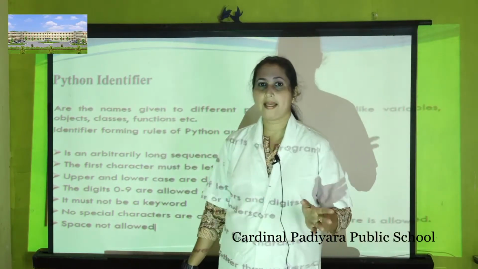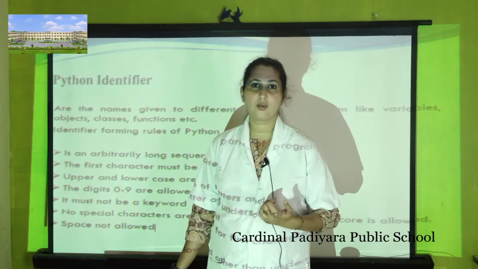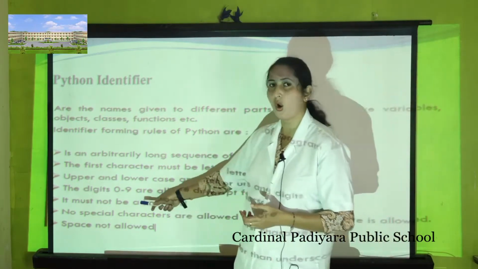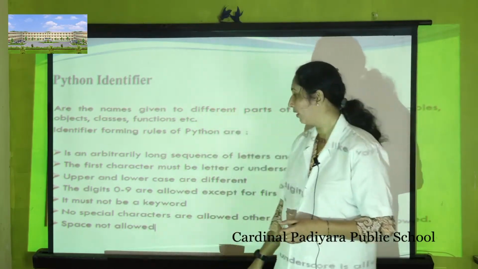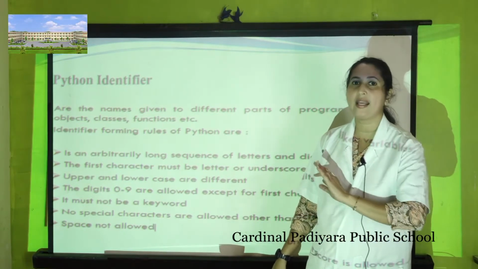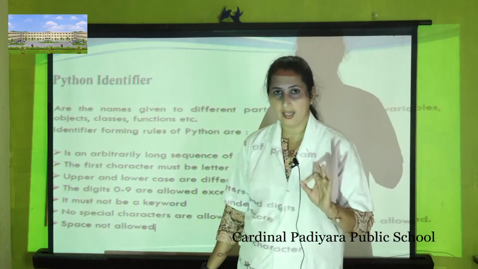It must not be a keyword. Keyword is always a reserved word, so we cannot use it as an identifier. Next one is, no special characters we can include. Only the underscore symbol can be included in an identifier name.